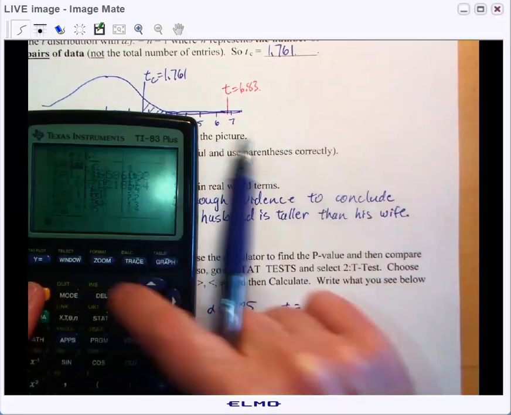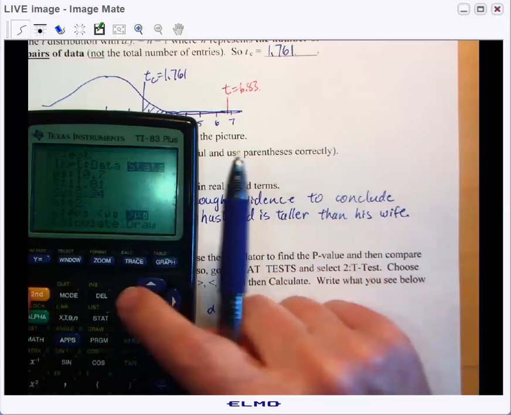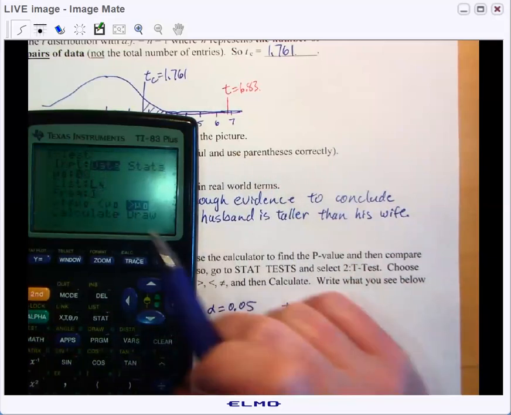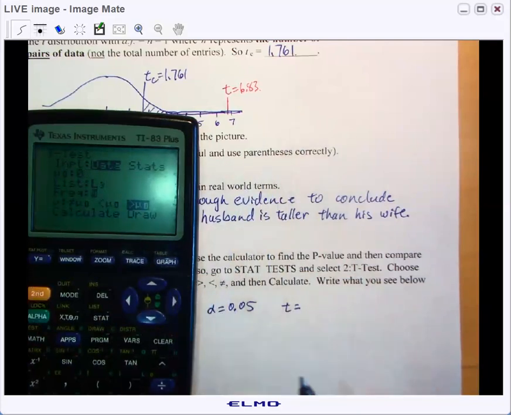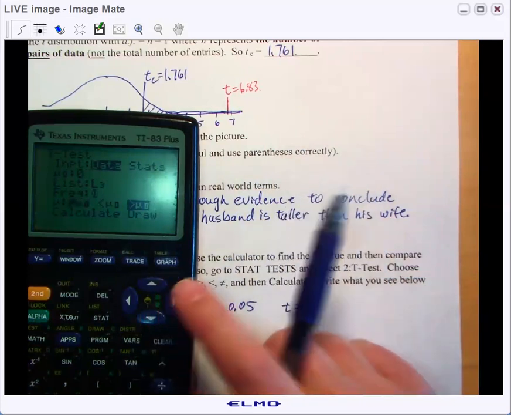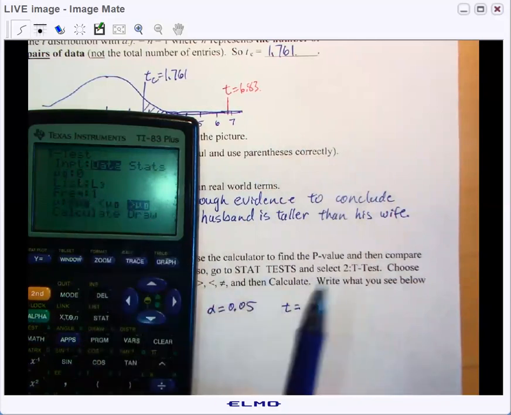So we're going to do a stats t-test on just list 3. We think that mu naught is 0. We're going to use list 3 because that was the difference data, and we want to see if the average difference is greater than the number mu naught of 0, so greater than, and let's calculate.